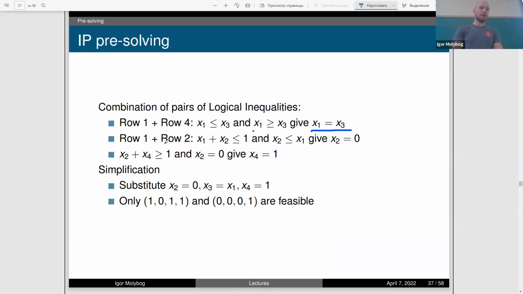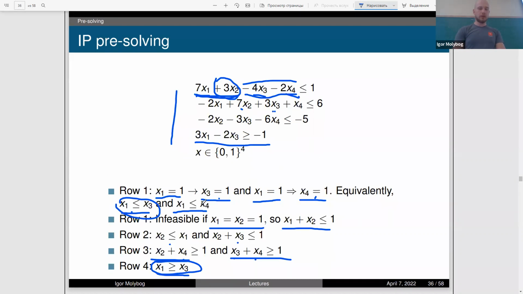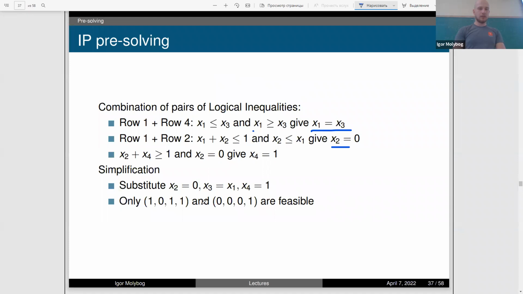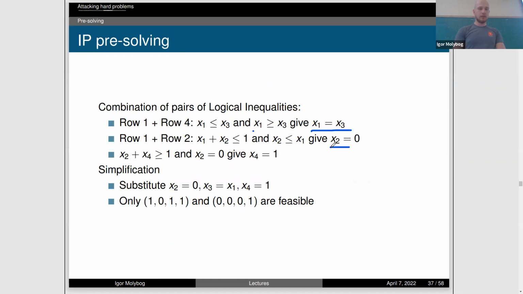Then from row 1 and row 2, x1 plus x2 is less than or equal to 1, and x2 is less than or equal to x1, which gives us x2 being equal to 0.